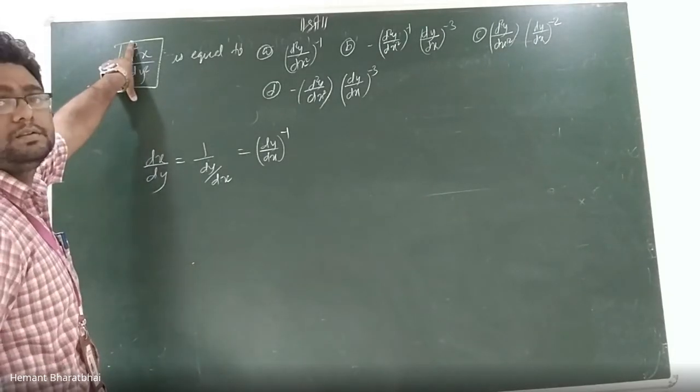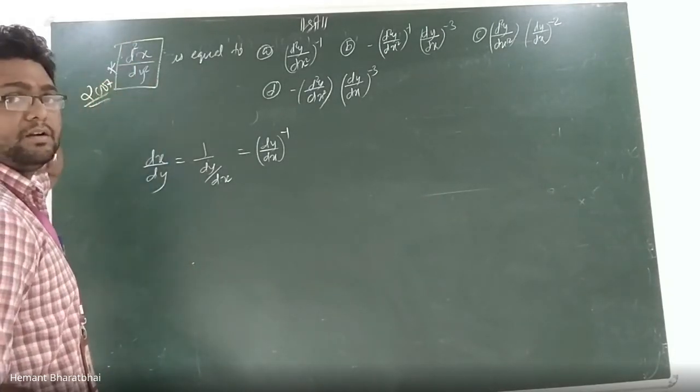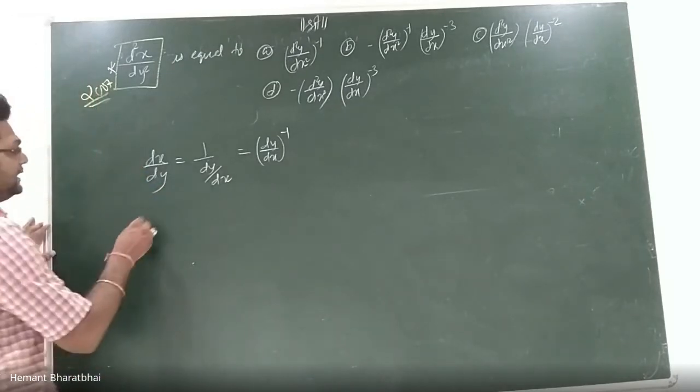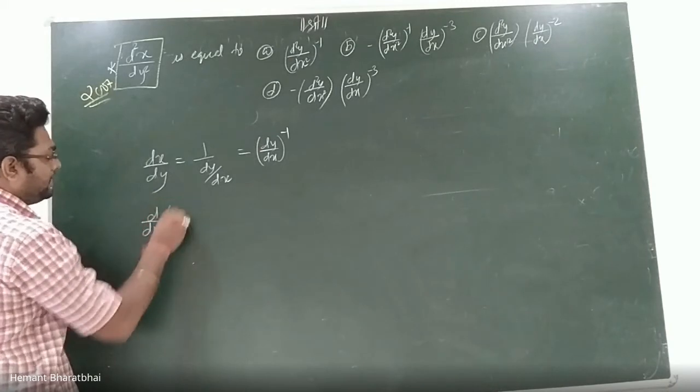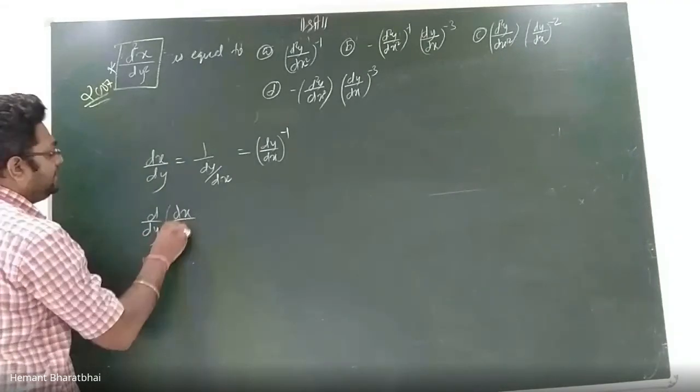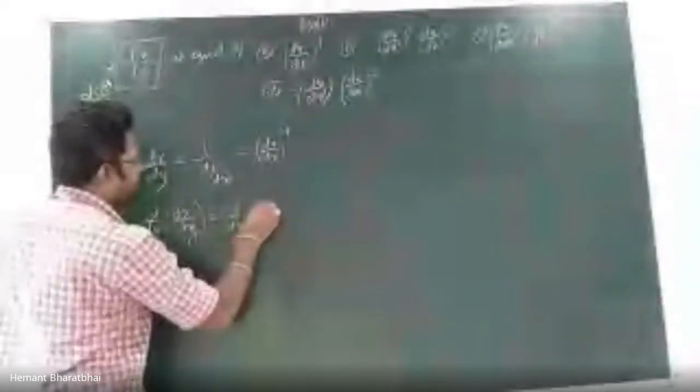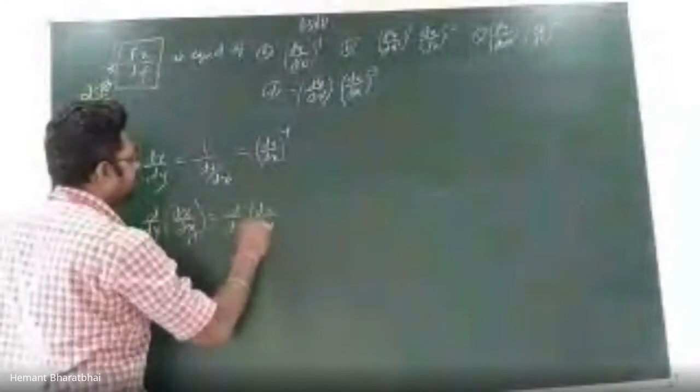Now here it is a second order derivative, meaning I will take the derivative with respect to y. So dy of dx by dy will be equal to dy of dy by dx the whole raised to minus 1.